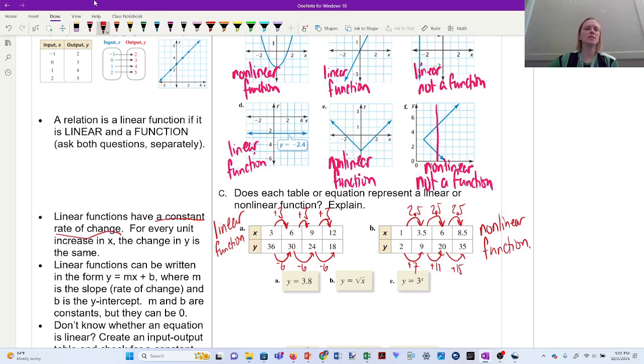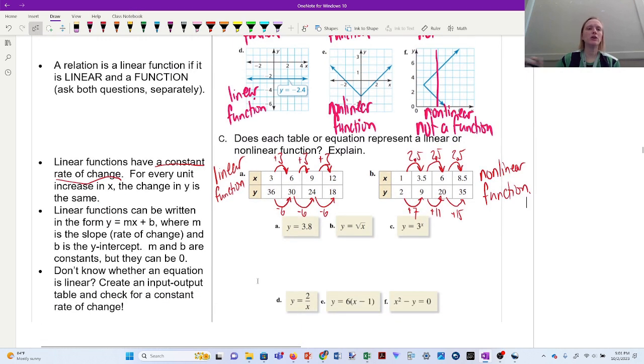Let's look at equations now. Remember, linear functions can be written in the form y equals mx plus b. So the question is, with how these equations are written, can I write them in this form? Well, with this example, here I'm getting 3.8 with no x.